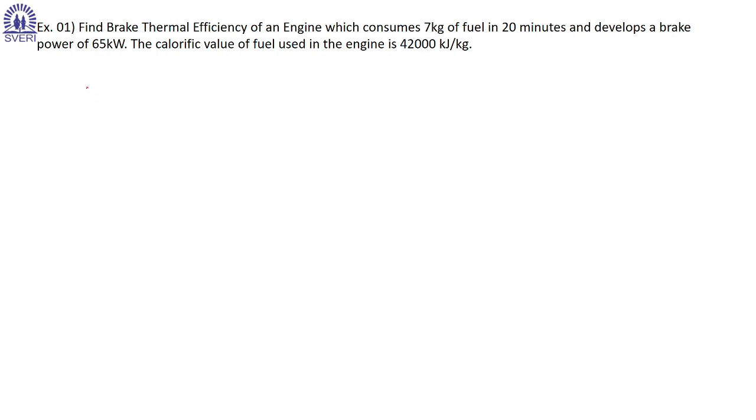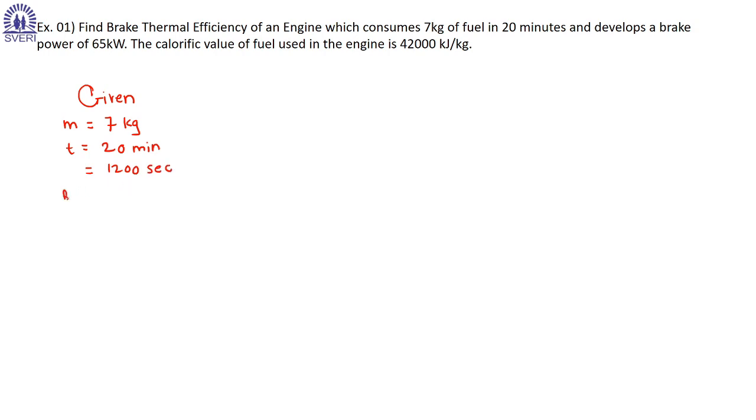I'll just write the given data here. Mass is given as 7 kg. The time T is given as 20 minutes. I will convert this time into seconds, so this will be 1200 seconds.